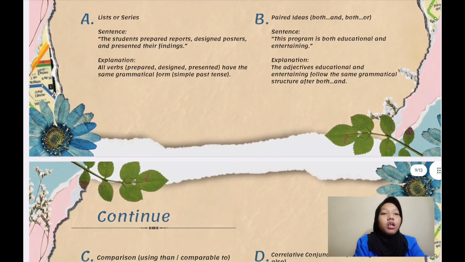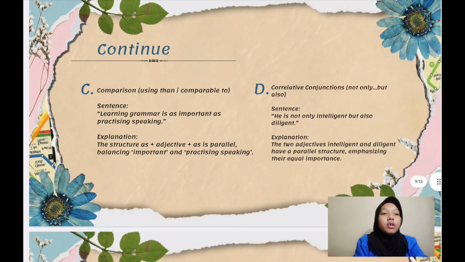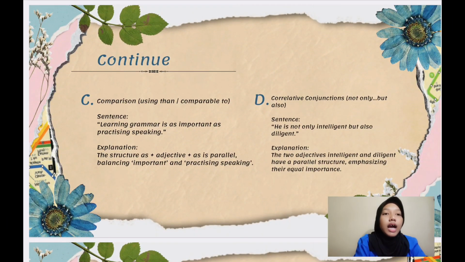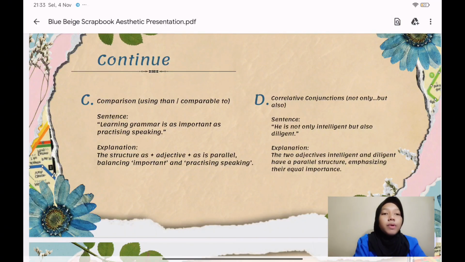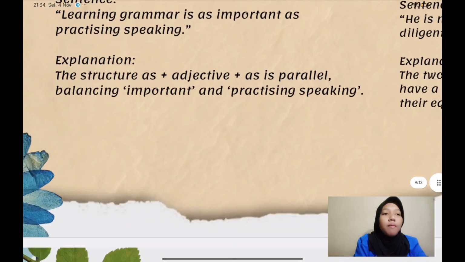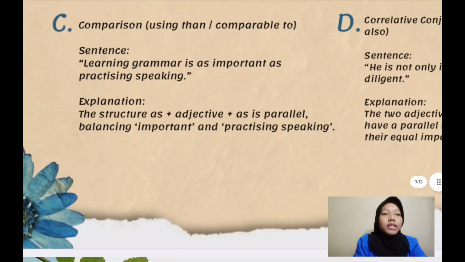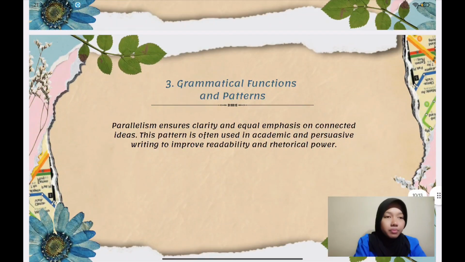For example, learning grammar is as important as practicing speaking. Both ideas are grammatically equal, making the sentence easy to read. And in correlative conjunctions, for example, she is not only intelligent but also hardworking. This pattern gives equal emphasis to both ideas, making the writing more persuasive and stylistically elegant.